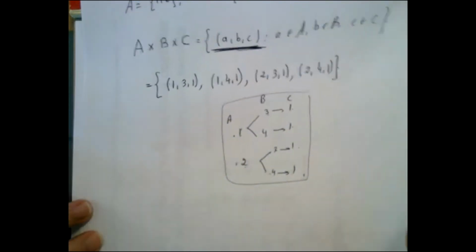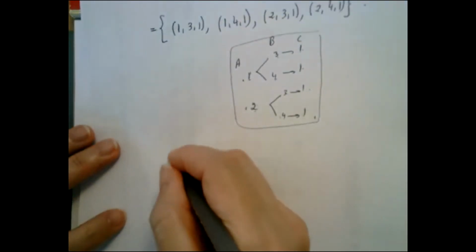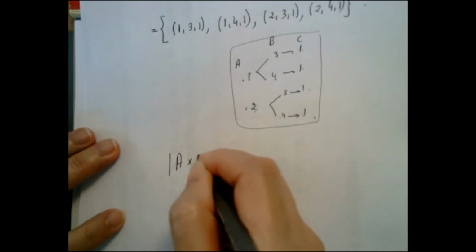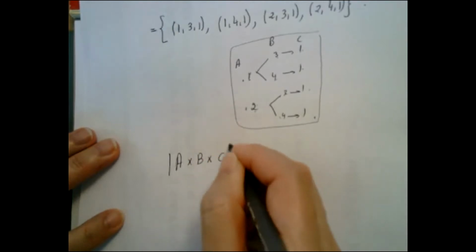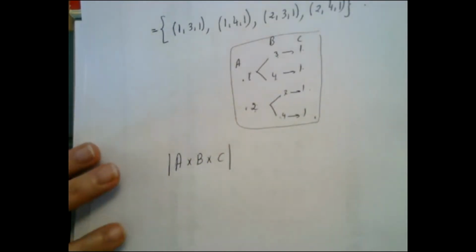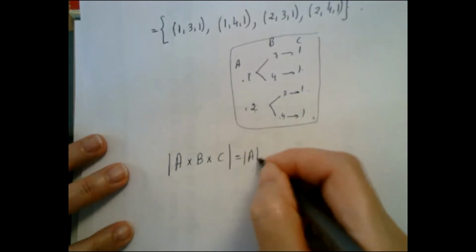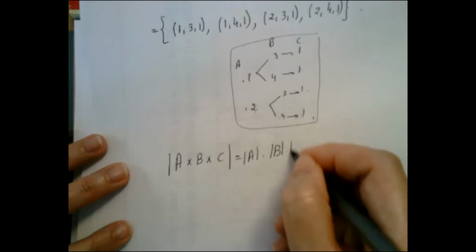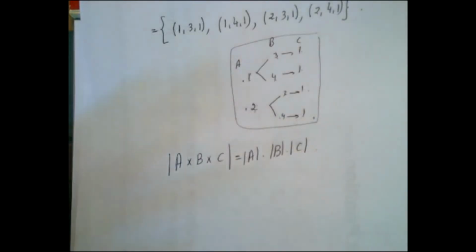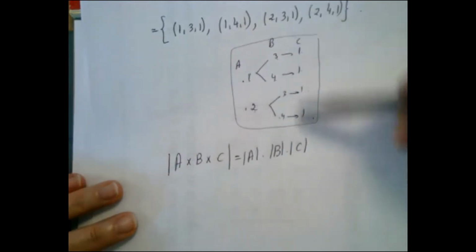All right, what about the cardinality? The idea generalizes. The number of elements is the number of elements of A times the number of elements of B times the number of elements of C. The same rule holds, and this picture shows you why.